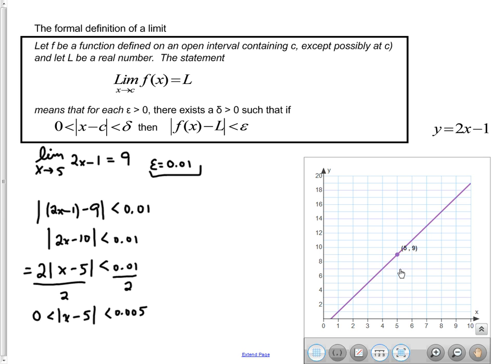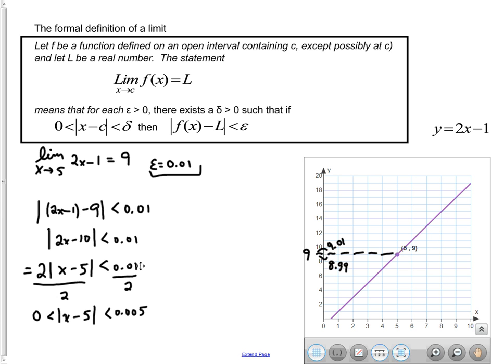And so if we look at this statement, we picked our value y equals 9, our limit is 9. We're building a little radius around y equals 9. And that little radius actually goes 0.01 above, so 9.01, and goes as low as 8.99.